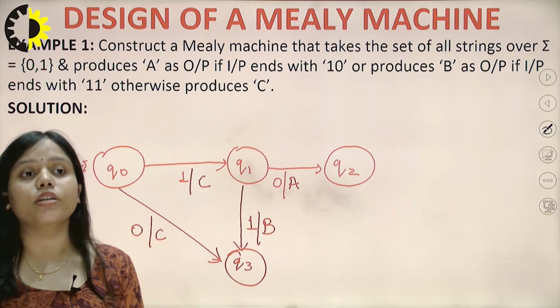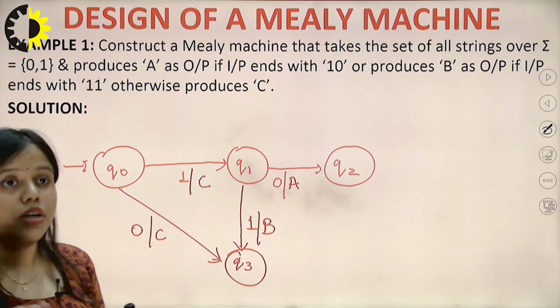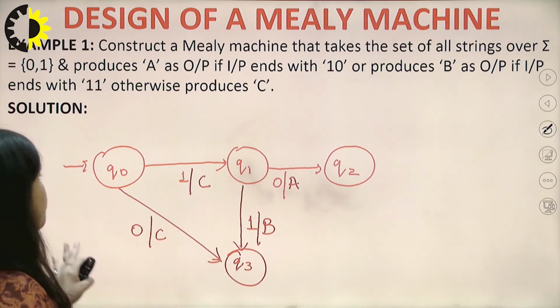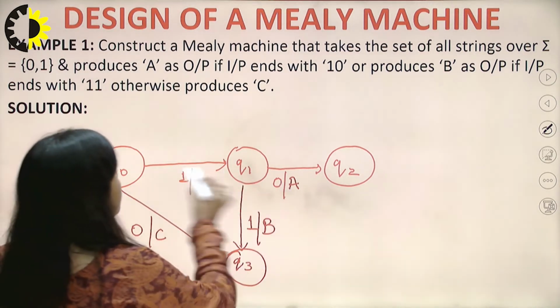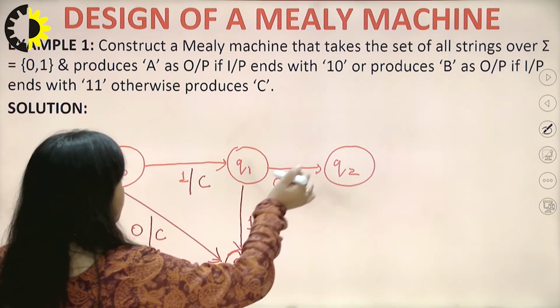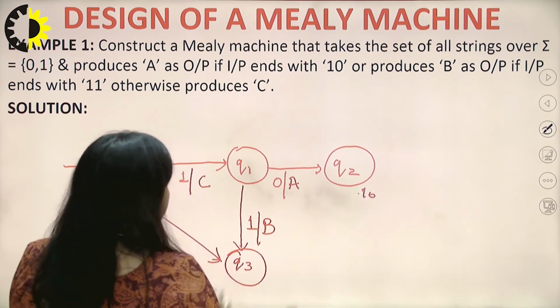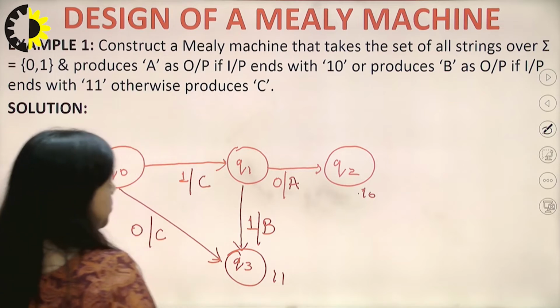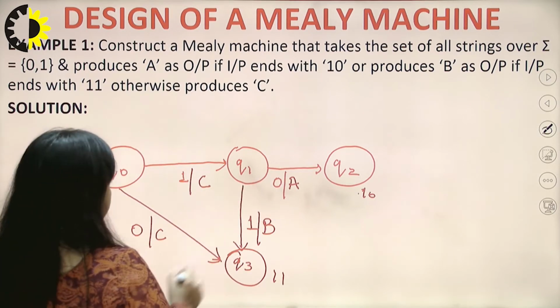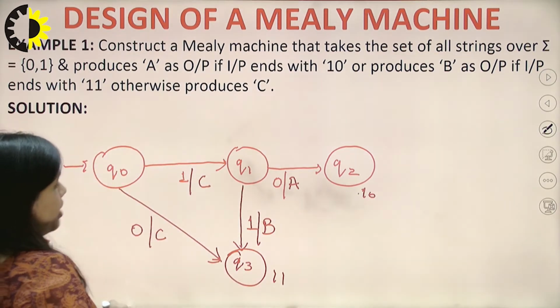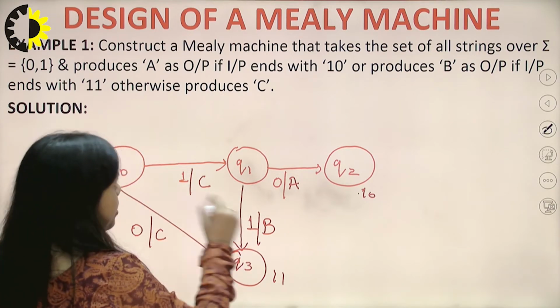We are getting output, and that is what we have to take care of most. So going this way, Q0, Q1 and Q2, we are getting 1, 0. Here Q2 takes 1, 0, Q3 takes 1, 1. So we have 0, 1 satisfied, 1, 0 satisfied, and 1 going to it satisfied.